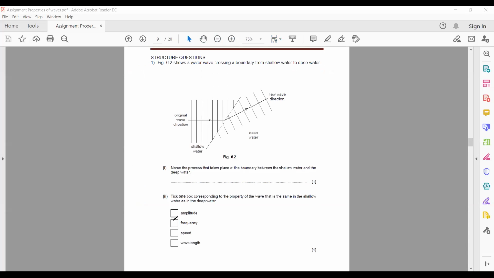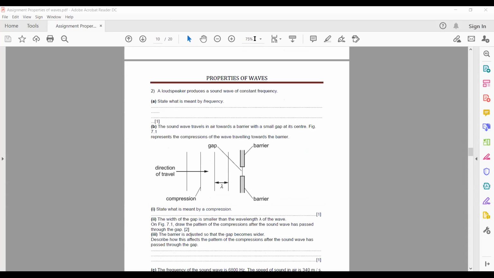The frequency does not change, so it remains the same. Amplitude, the size or height of the wave, speed and wavelength all change. Moving from deep to shallow, they decrease, and moving from shallow to deep, they increase. But the frequency remains unchanged.